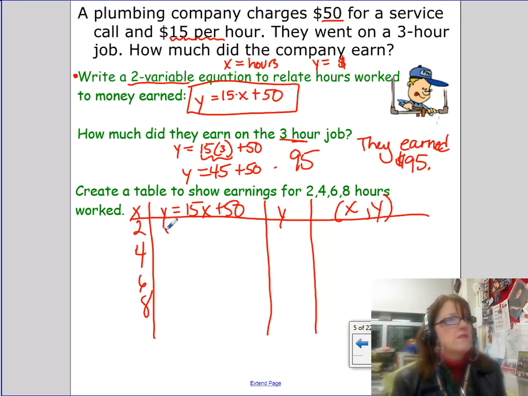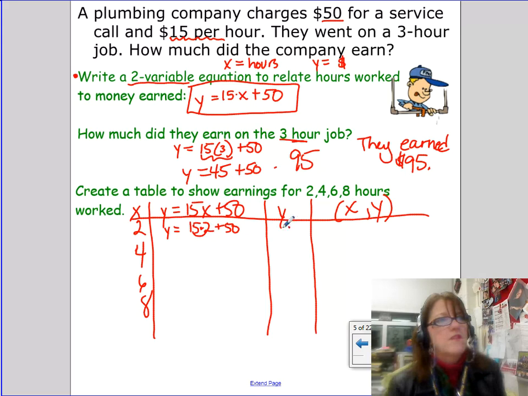So on this one, Y is going to equal 15 times 2 plus 50. Okay, let's see. 15 and 2 is 30. 30 and 50 is 80. 2 hours, $80.